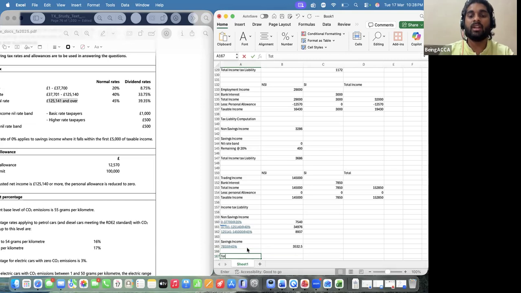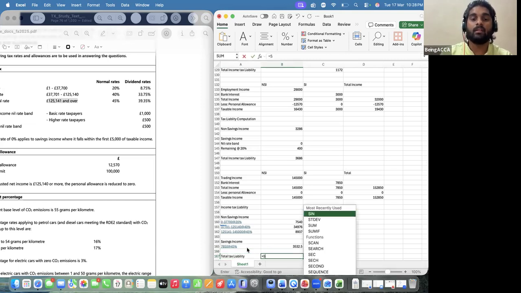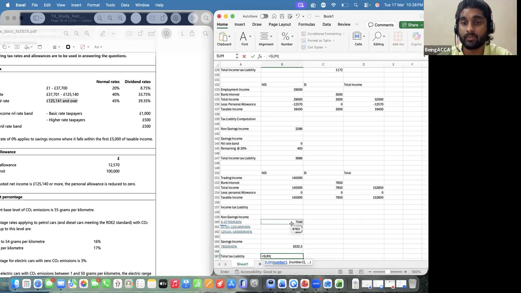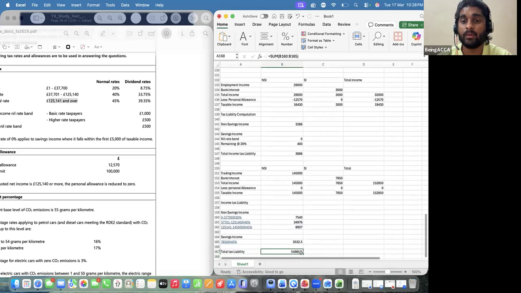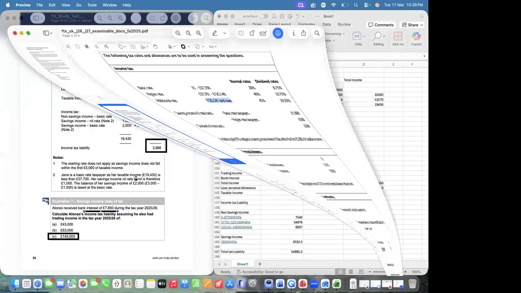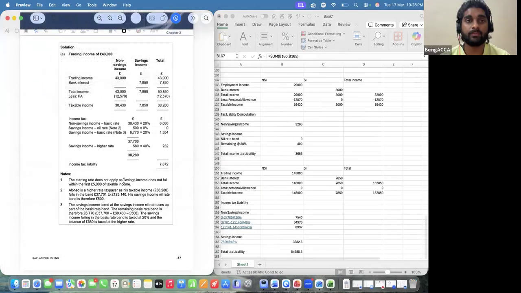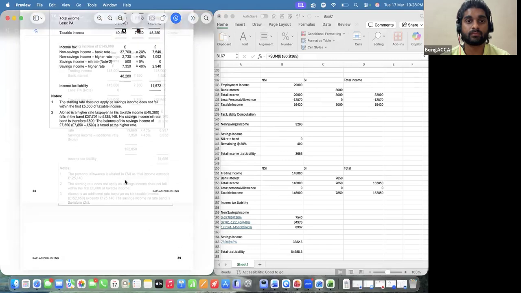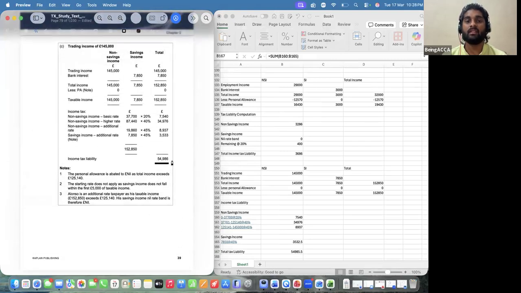So the total tax liability is the sum of all of these, making a total of 54,986 pounds.